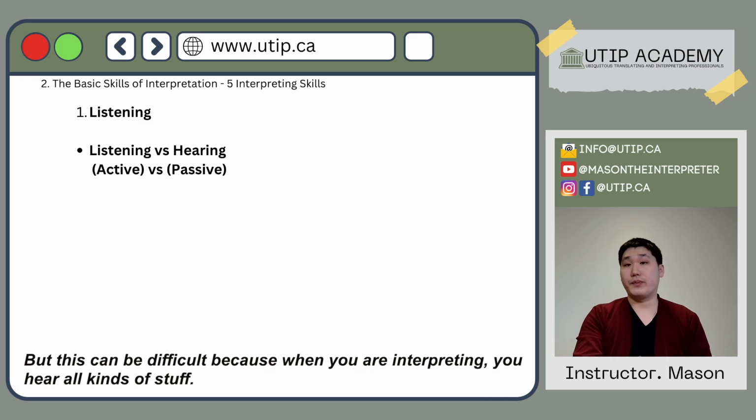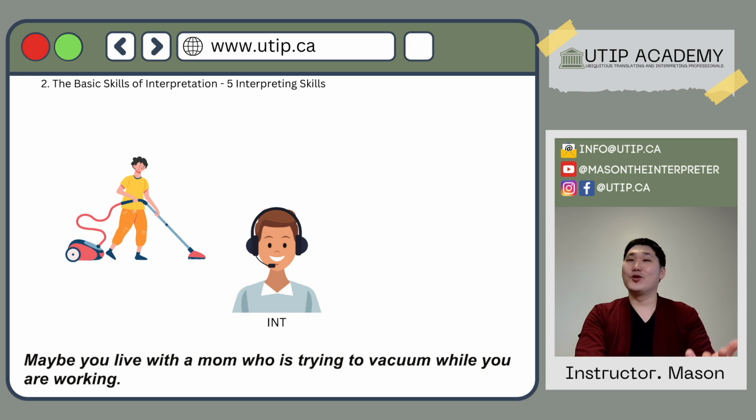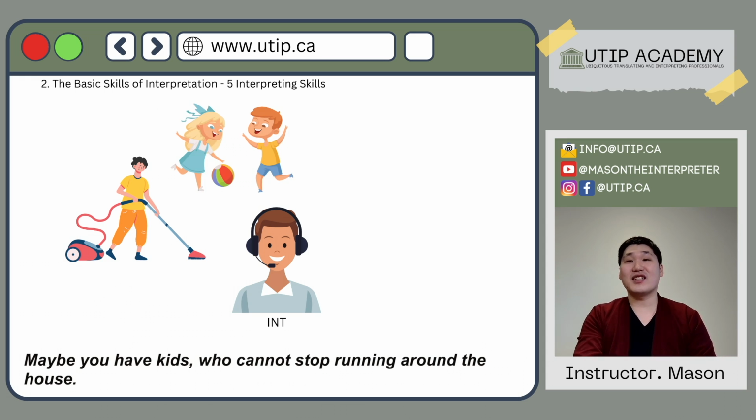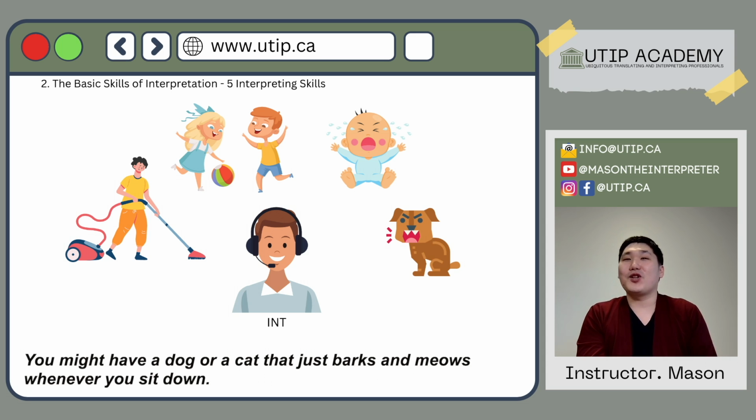But this can be difficult because when you're interpreting, you hear all kinds of stuff. Maybe you live with a mom who is trying to vacuum while you're working. Maybe you have kids who cannot stop running around the house. Or maybe you have a baby that just cries like there's no tomorrow. Or maybe you might have a dog or a cat that just barks and meows whenever you sit down.